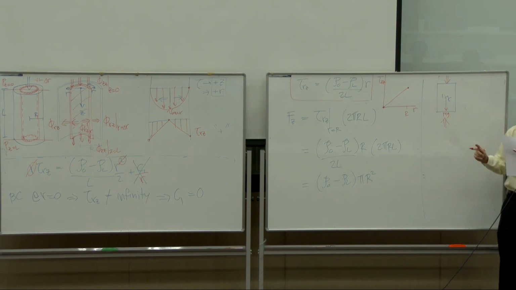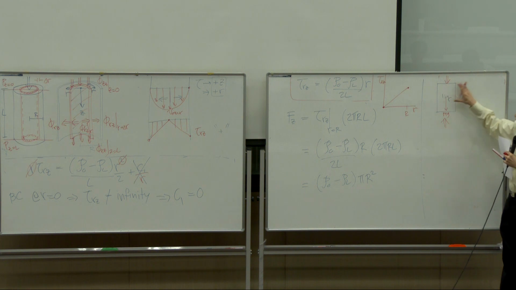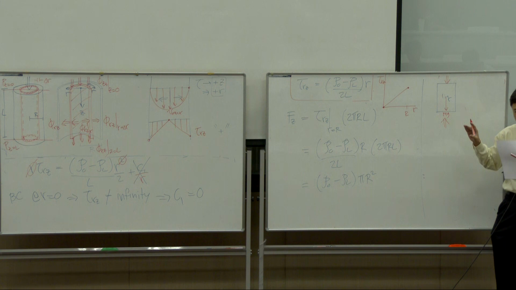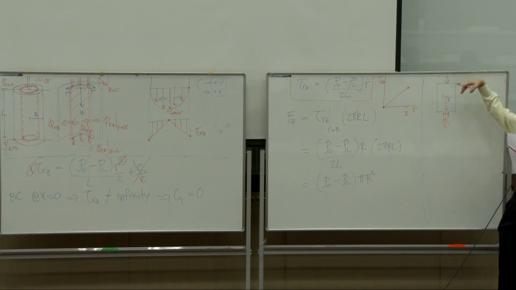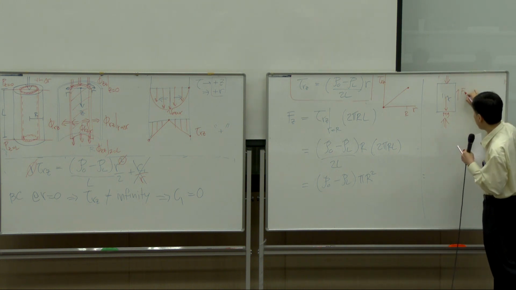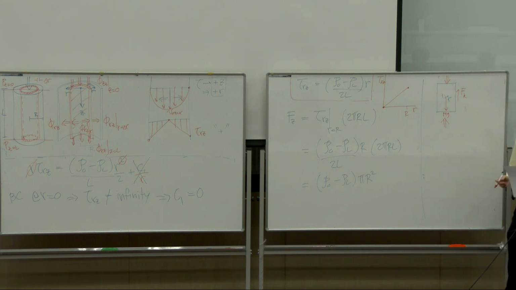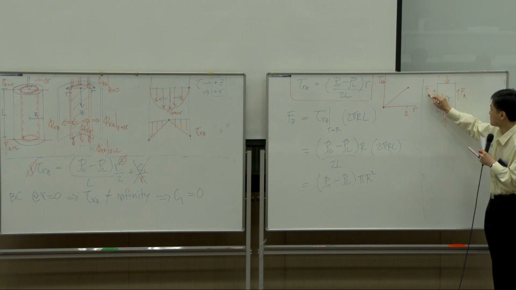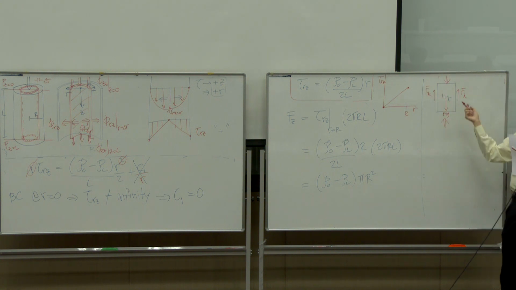Think about this. The force that the liquid acts on the wall must follow the direction of the flow. If the liquid flows down, the force that the liquid acts on the wall goes down. That means the force that the wall acts on the liquid goes up. So we have Fk going up, of course on both sides, all the way.